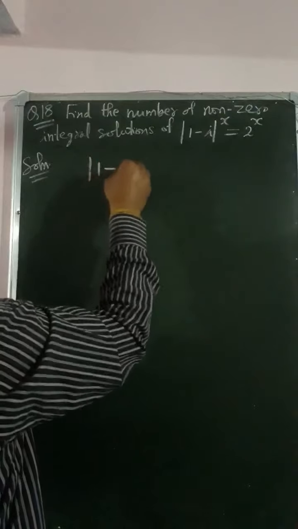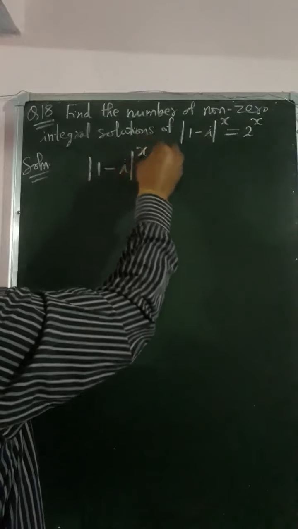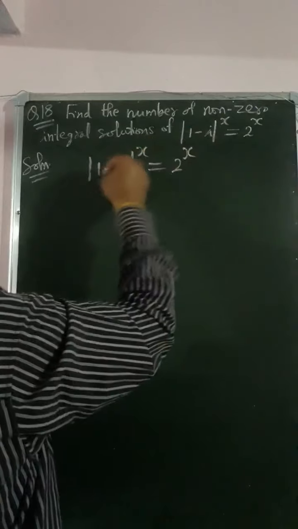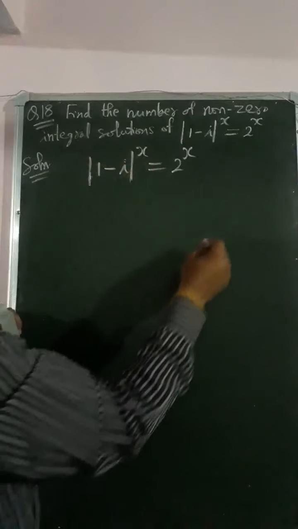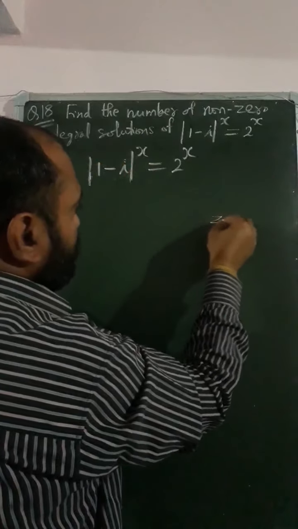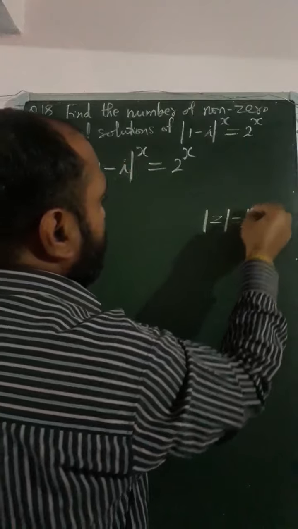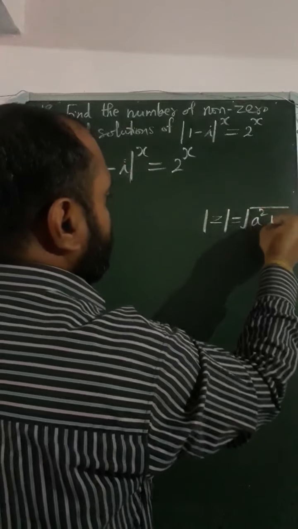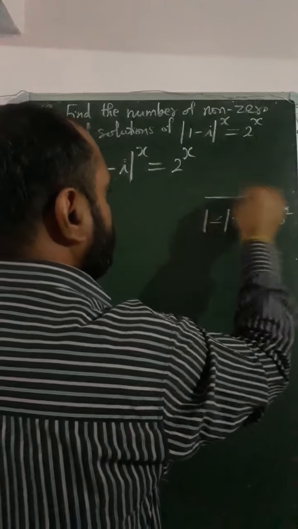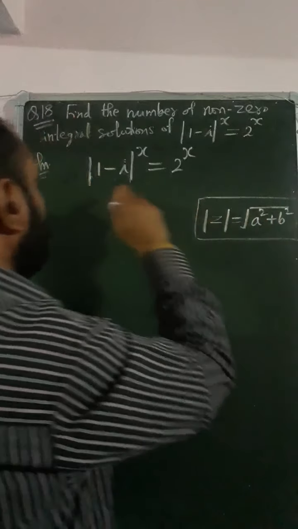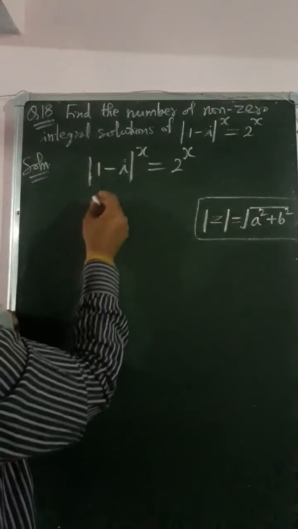1 minus iota raised to power x is equal to 2 raised to the power x. As you know, the modulus of a complex number, its formula is square root of a square plus b square, right? This is the formula. I am applying that formula here.